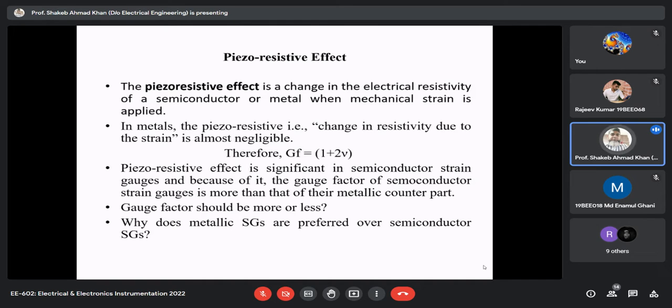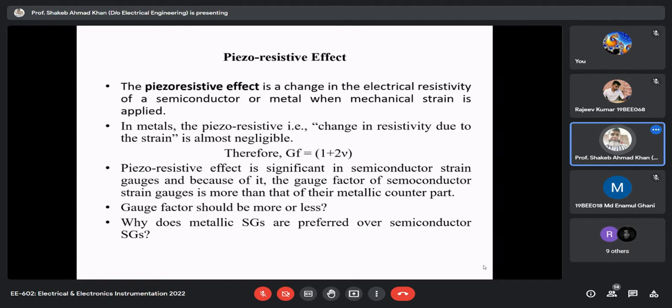In any sensor, the requirement is that the sensor should be sensitive to the parameter. The most desirable situation is that your sensor should be sensitive only to the parameter we want to sense or measure, and not to other parameters. Here, if the material used to make a strain gauge is semiconducting, then it is sensitive to the strain, but it is even more sensitive to the temperature.